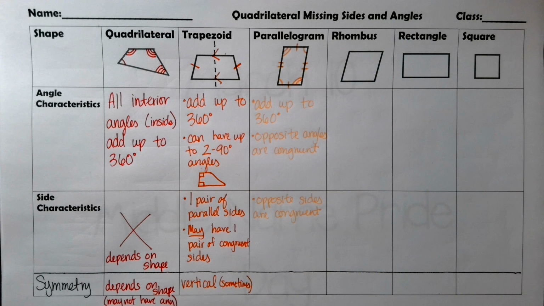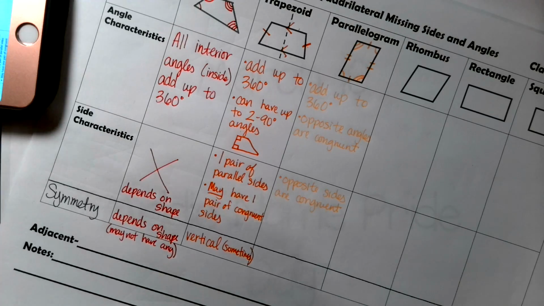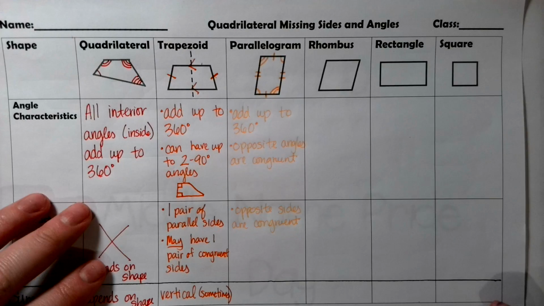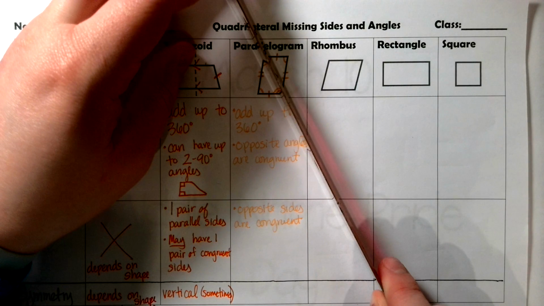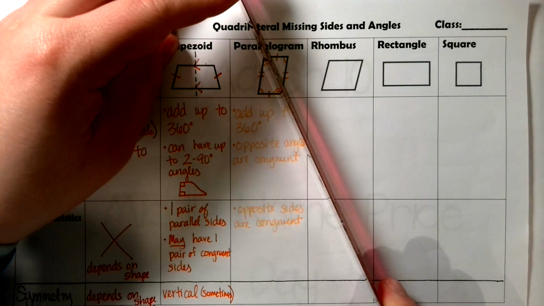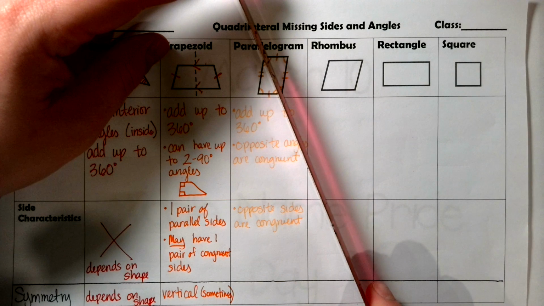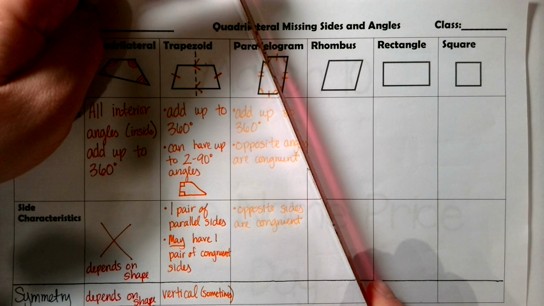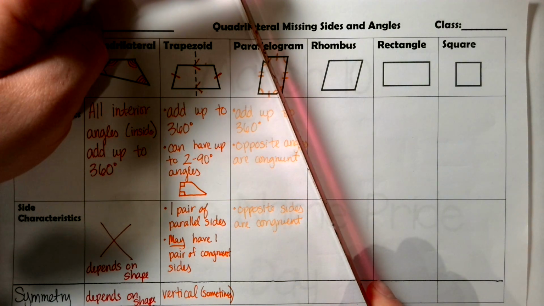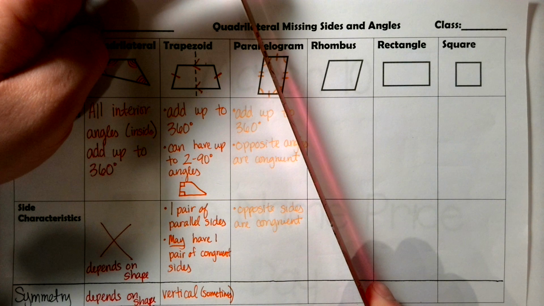If the shape is cut with a diagonal, and diagonal means it connects opposite corners, those two triangles are the exact same.